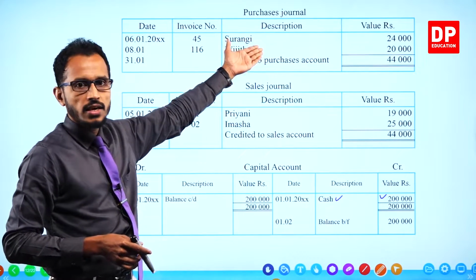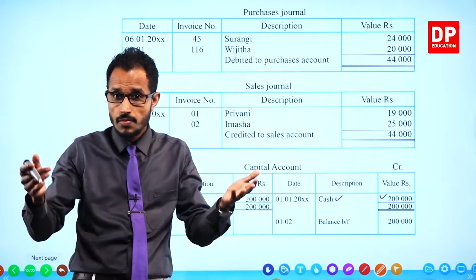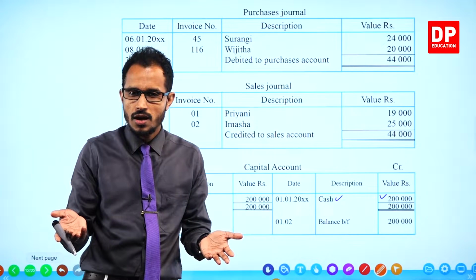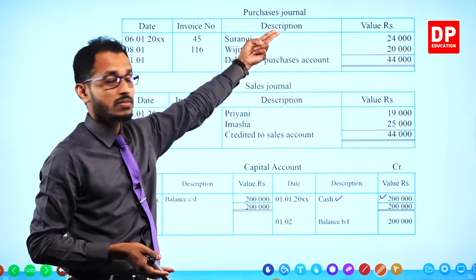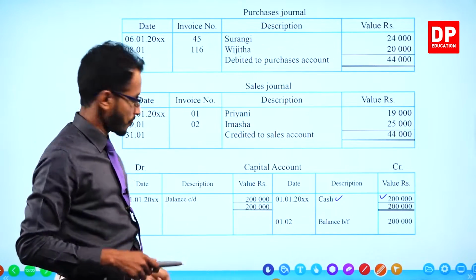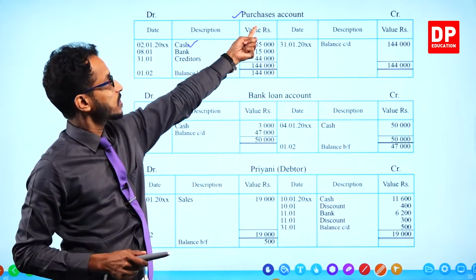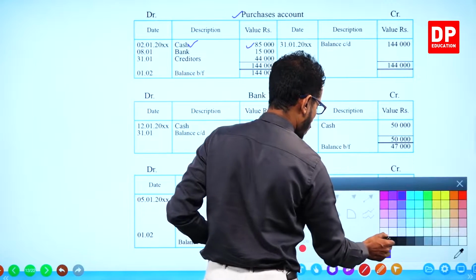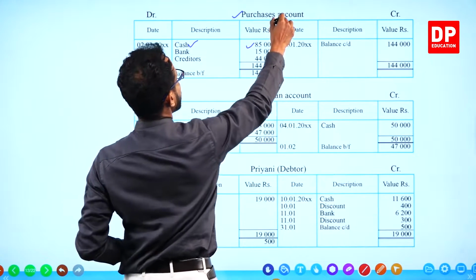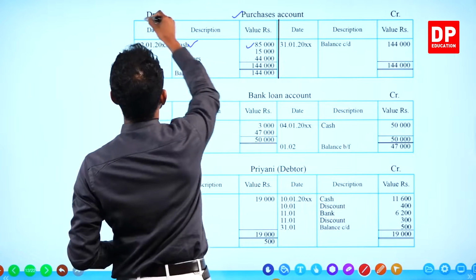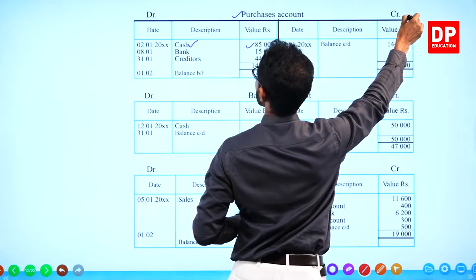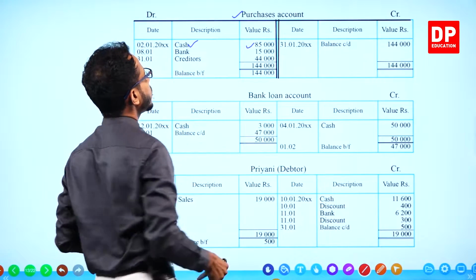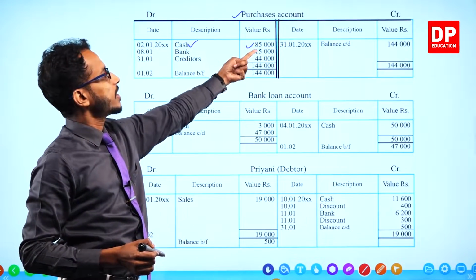But why am I pointing here? Don't get confused. This is the purchases journal, not the purchases account. This is the purchases account. This is the ledger account, children. In this only, you debit 85,000.